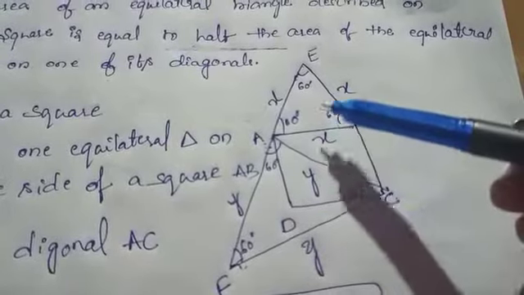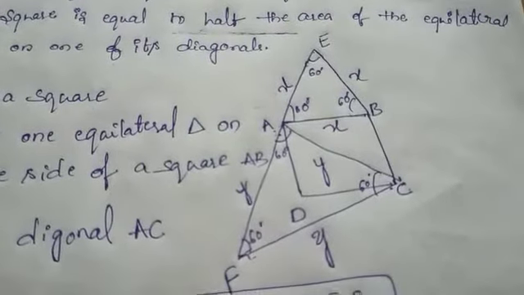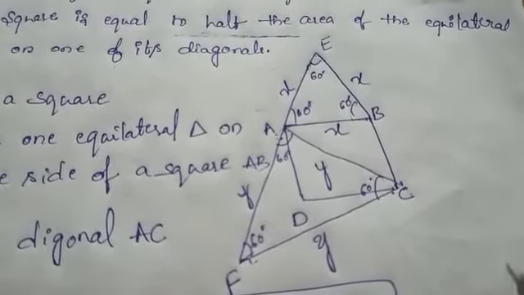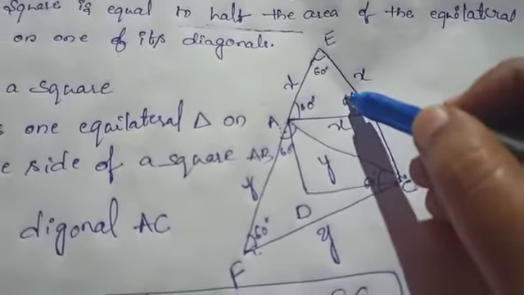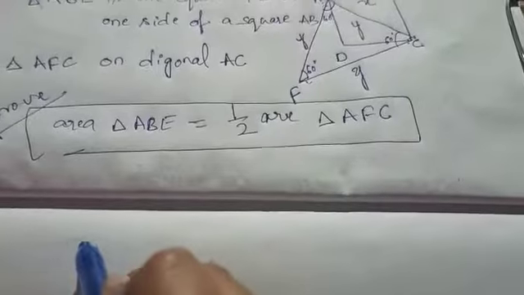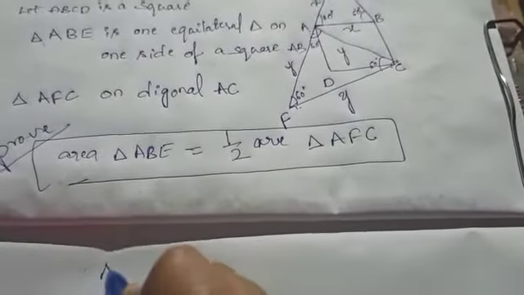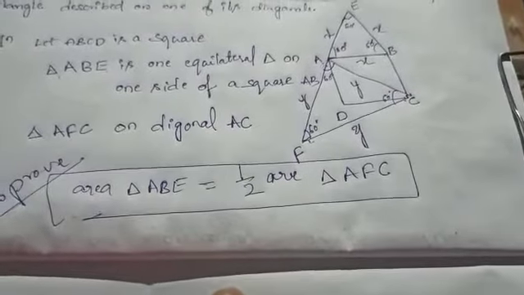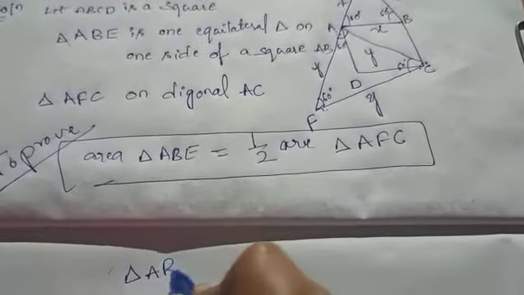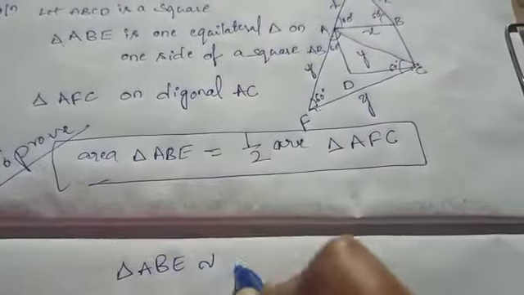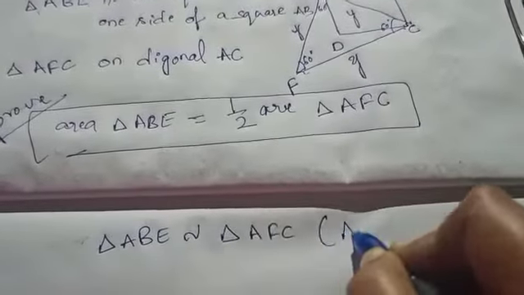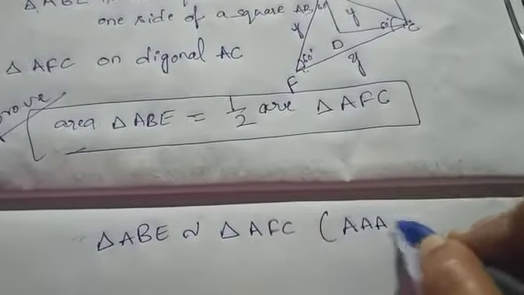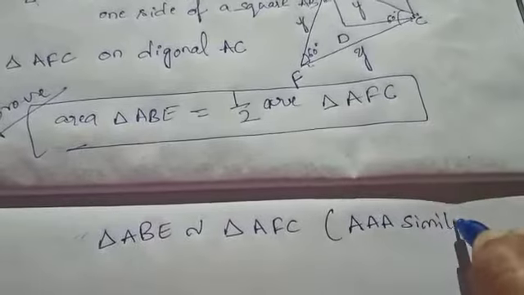Corresponding angles are equal. Here using AAA similarity criteria, these two triangles are similar. Here triangle ABE is similar to triangle AFC.